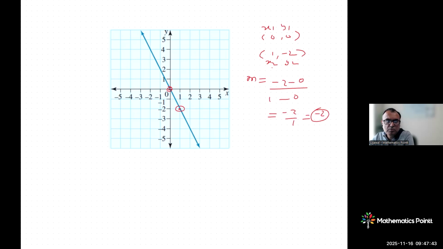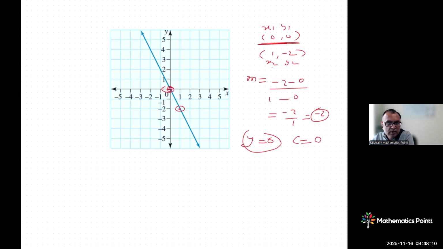Now, the next point is, at what point is this line cutting the y-axis? That's my y-intercept. Hang on, it's at 0, 0. At x equals to 0, the line is cutting the y-axis. So my c value is 0. Yes, absolutely right.